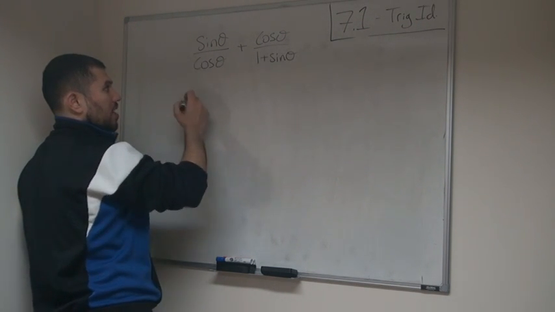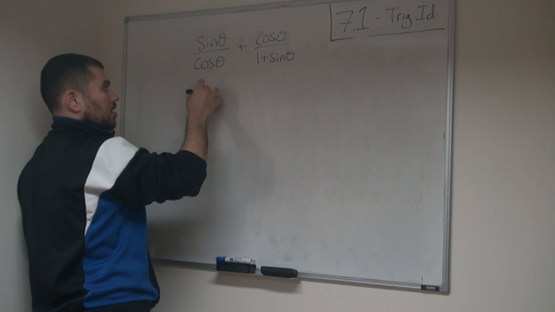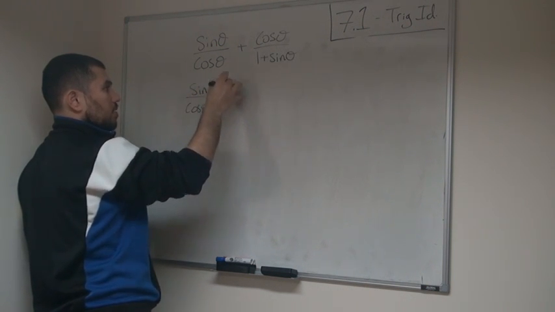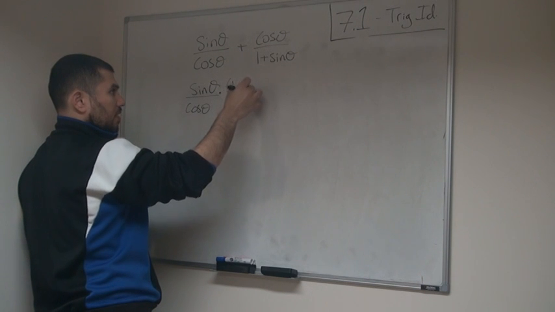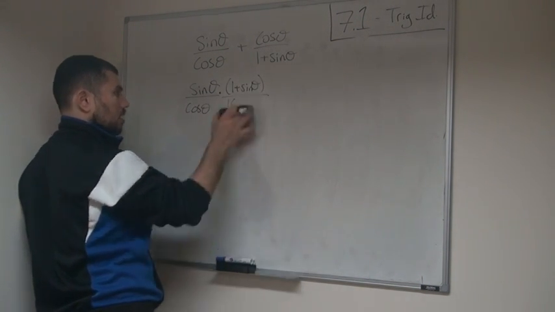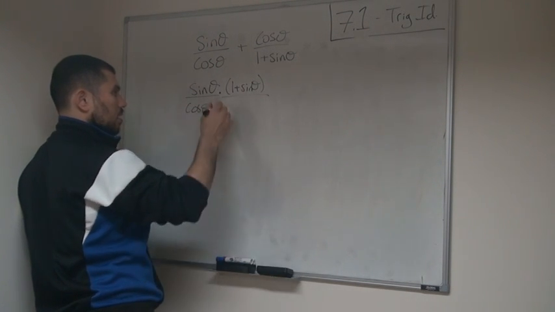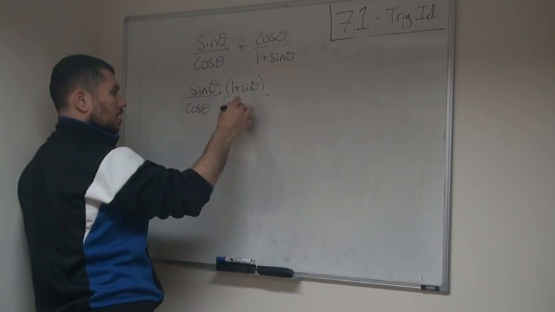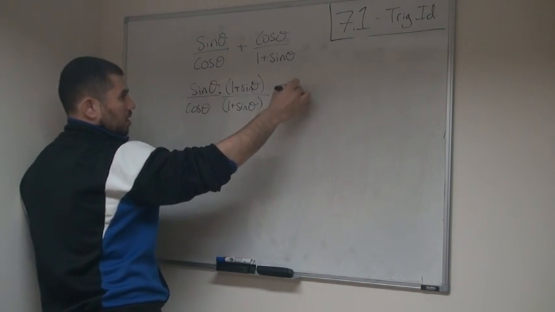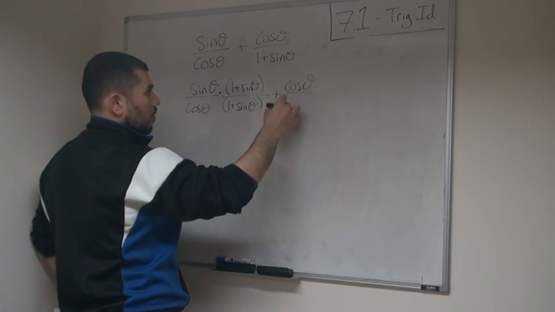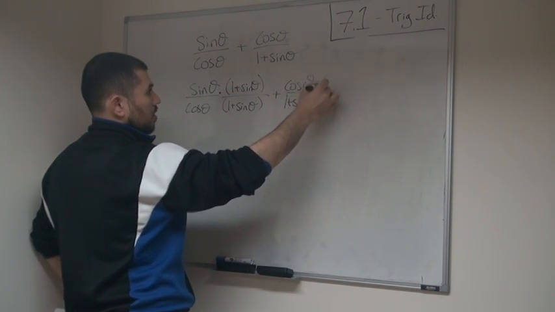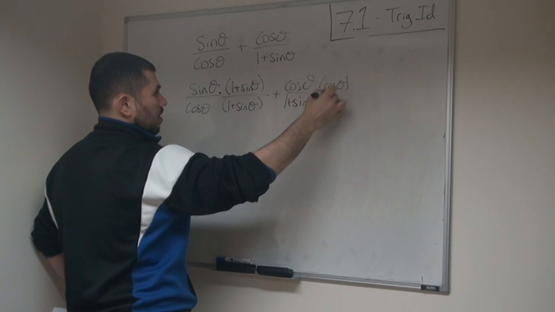So let me multiply this fraction, sine of theta over cosine of theta, by 1 plus the sine of theta. And this guy, cosine of theta over 1 plus the sine of theta, times cosine of theta.